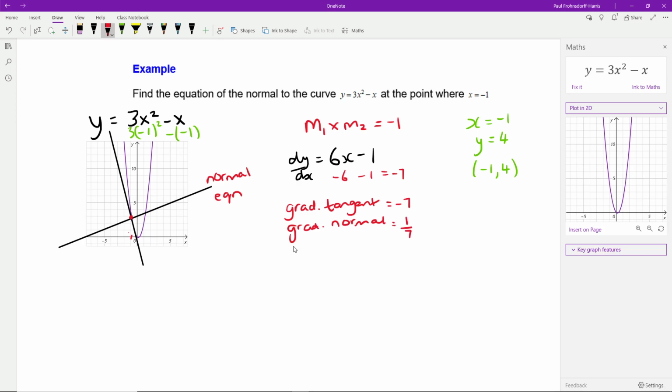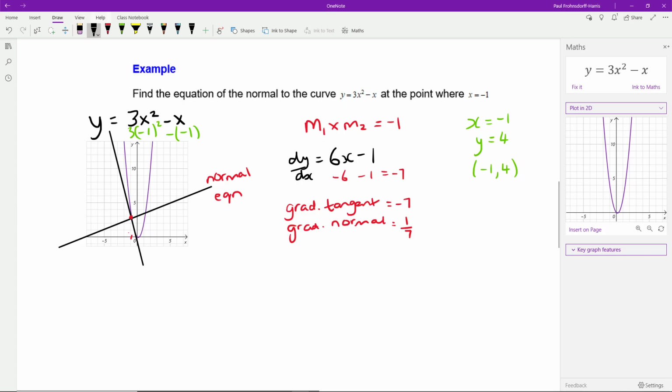Because whatever we need is 7, it's going to be the negative reciprocal. It's whatever multiplies with 7 to make 1, but it's the negative version, therefore it's going to be minus 1/7. What we can then do is we can do everything as per. We've still got the same point that we had before. This is a point, this is the red point here.